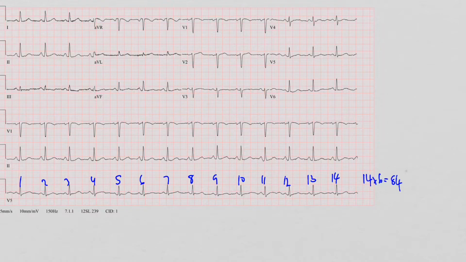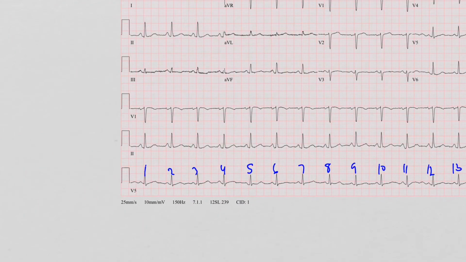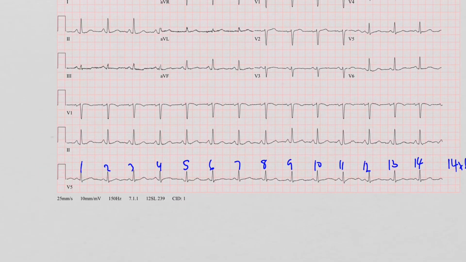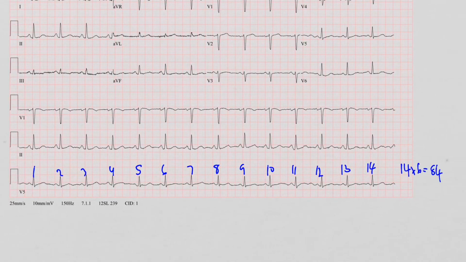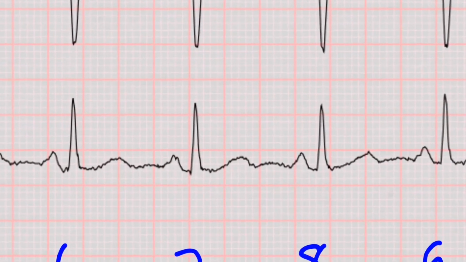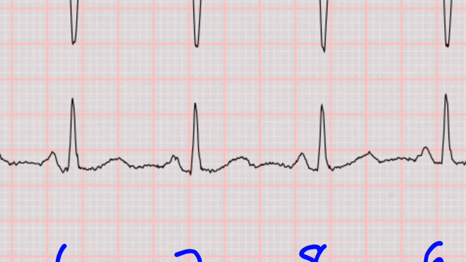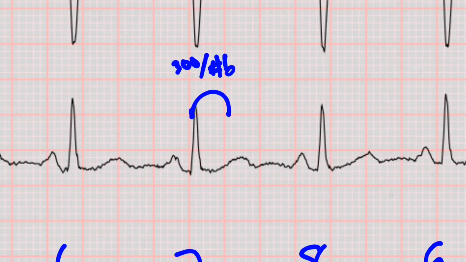The second way is to count the boxes between two RR intervals. So let's find one that's kind of close to one of the big lines, and I think this one will do. It's close enough. And so we know it's going to be 300 divided by the number of boxes, right? And so let's just say it starts there. Okay, so 1, 2, 3, 4.